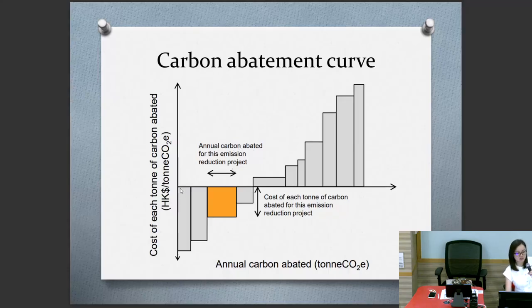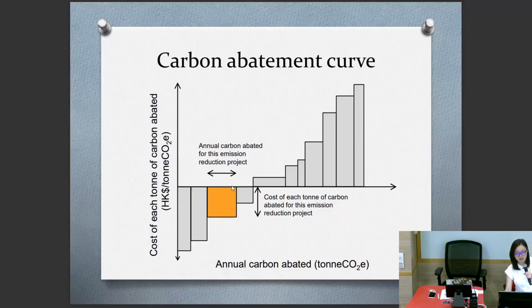If the cost is negative and you can reduce a lot of carbon dioxide, then it is perfect, right? You can earn money and also reduce a lot of carbon dioxide. For this orange color, the cost is negative, so you can still save money, just not as much as this project, and you can reduce a large amount of carbon dioxide in a year. This is the extent of carbon dioxide reduction in a year.